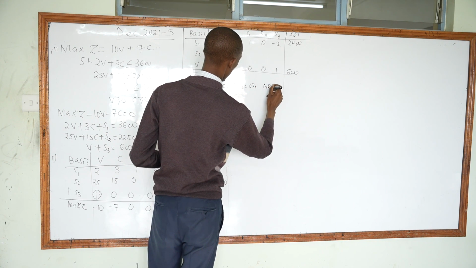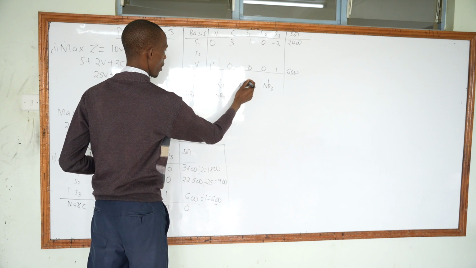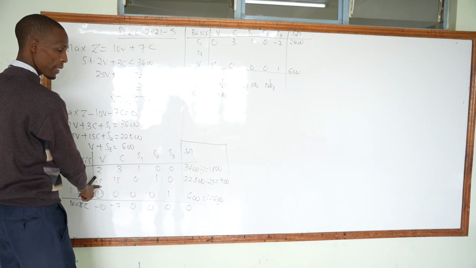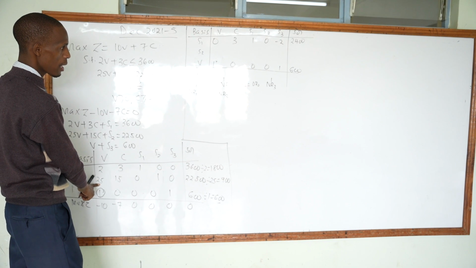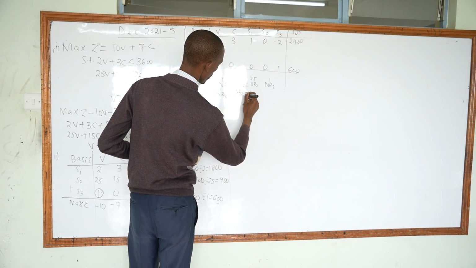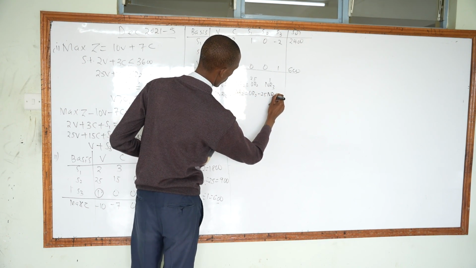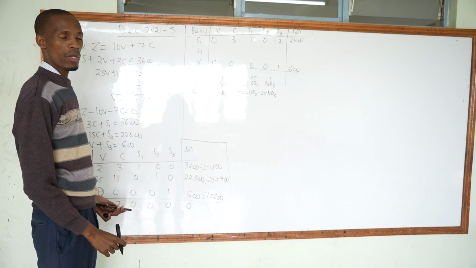So now to get the new row 2, because we also need new row 2, we use old row 2 and new row 3. New row 3 is 1, we want this to become 0. And there it was 25. How do we make it become 0? So here it was 25. So it will be new row 2 equals old row 2 minus 25 times new row 3.